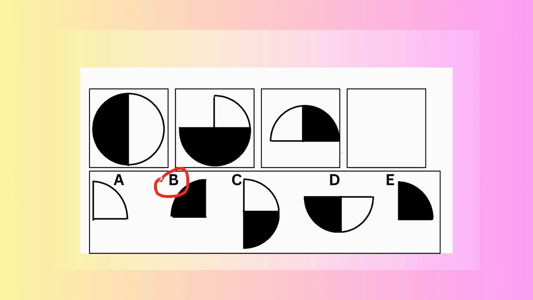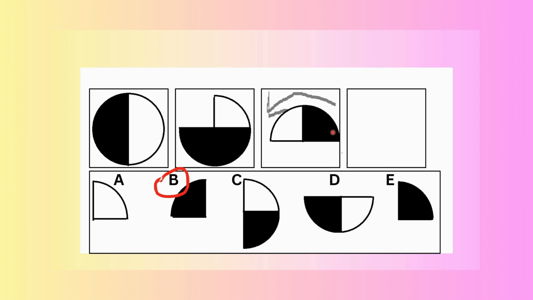If you chose B, you are right. But here's one explanation of how it works. If we rotate this one, this circle, the third shape, our black half of the circle will come here, and then we're removing this part, the white part, so it will be only B, and it's facing in that way, not in this way, because if it faced that way, it would just be a repeat of this one.